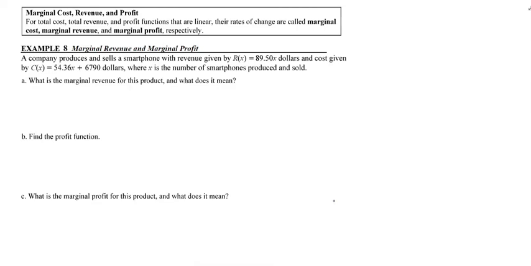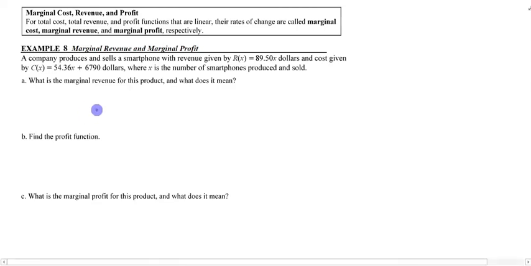In example 8, a company produces and sells a smartphone with revenue given by R of x equals 89.50x dollars and cost given by C of x equals 54.36x plus $6,790, where x is the number of smartphones produced and sold. What is the marginal revenue for this product and what does it mean?